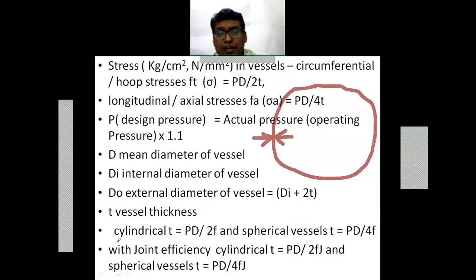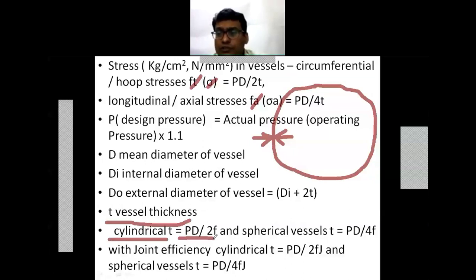So for the cylinder, t is the vessel thickness, and f, that is the stress, ft or sigma t, is the different stresses. So the cylindrical thickness, when I am going to calculate, is equal to PD upon 2t.